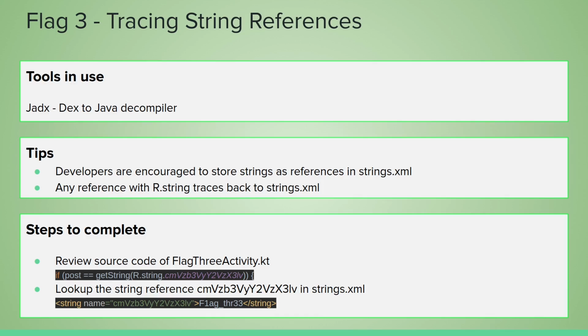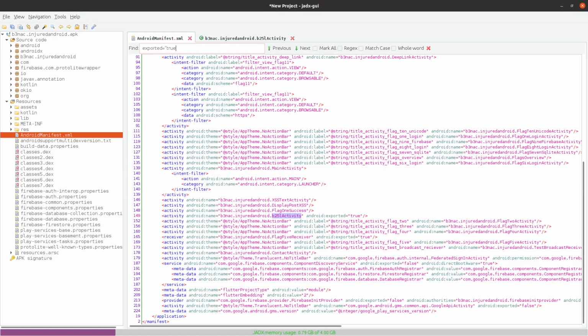So more often than not, you might see string references, and then if you go to strings.xml, you'll see the plain text value for those string references. The steps to complete this exercise are reviewing the source code of the flag 3 activity and looking up the string reference. Now I'll show you exactly how we will look up this value for flag 3.